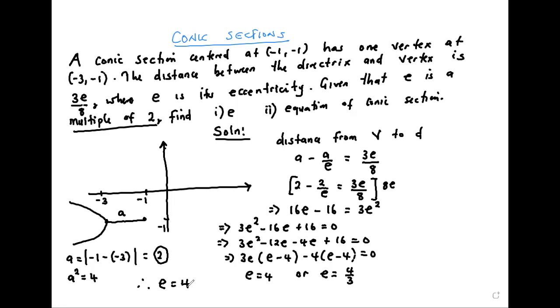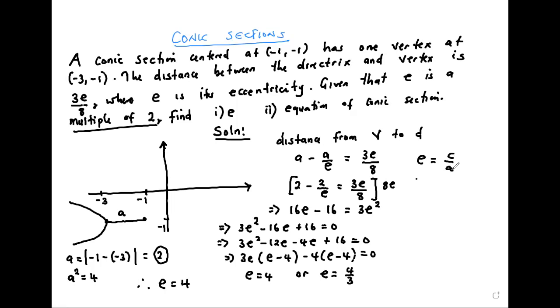So we know that e is equal to, what's the formula for e? c over a. So if e is equal to c over a, and we have e, we also have a.